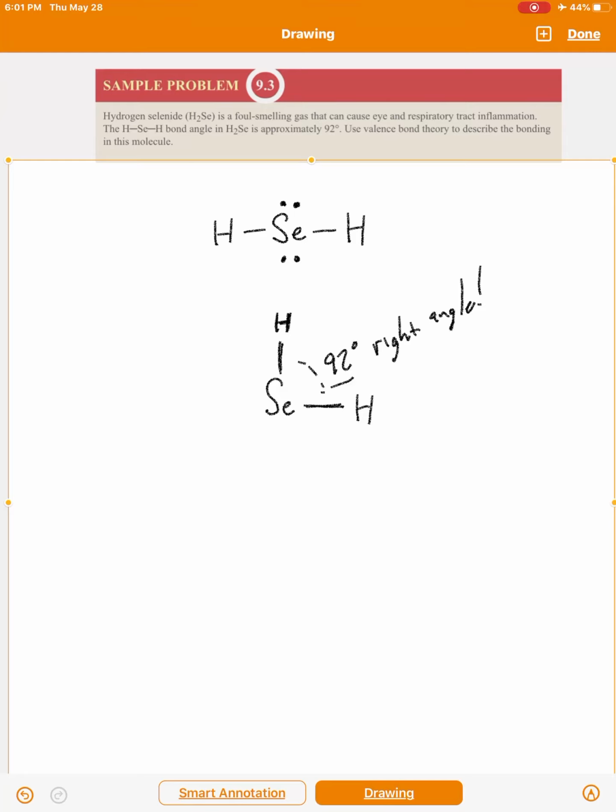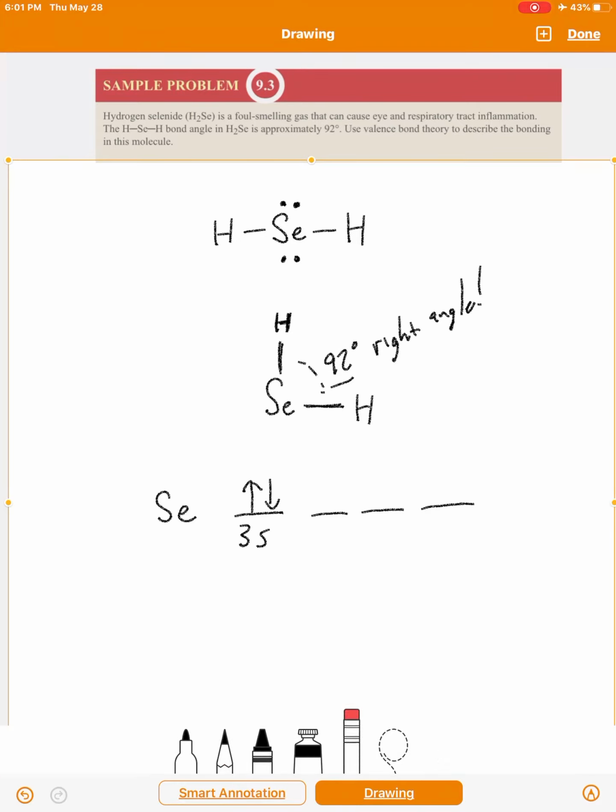The argument we would make is the following. If we consider the central atom selenium, selenium's valence shell is... I'm sorry, my mistake, it's 4s.